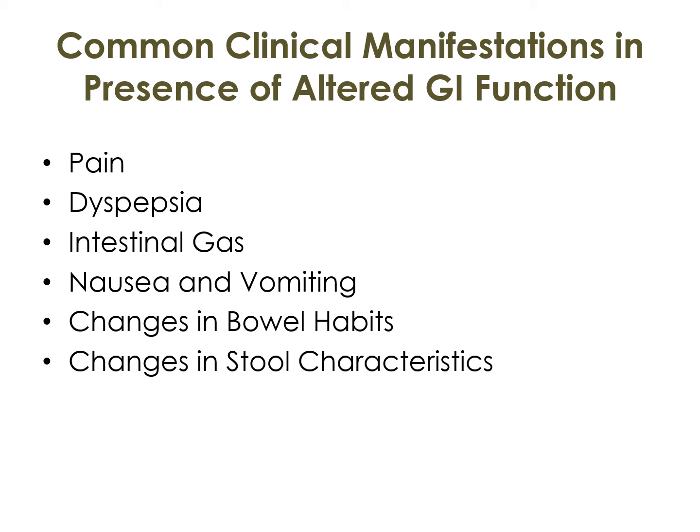We need to remember what our assessment of pain is, such as character, duration, pattern, frequency, location, referred pain, time of pain. Is it constant? Is it intermittent? Is it related to anything such as meals, resting, activity, or defecation?